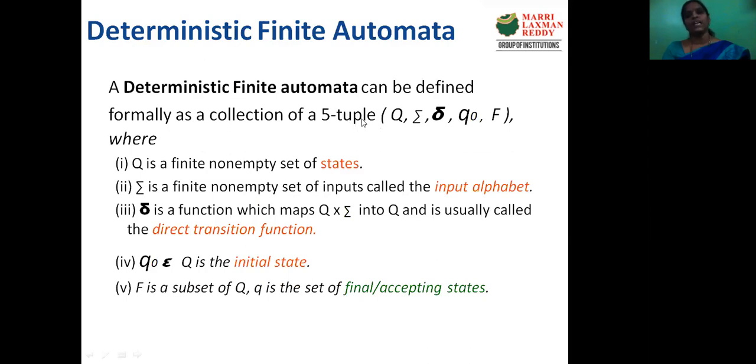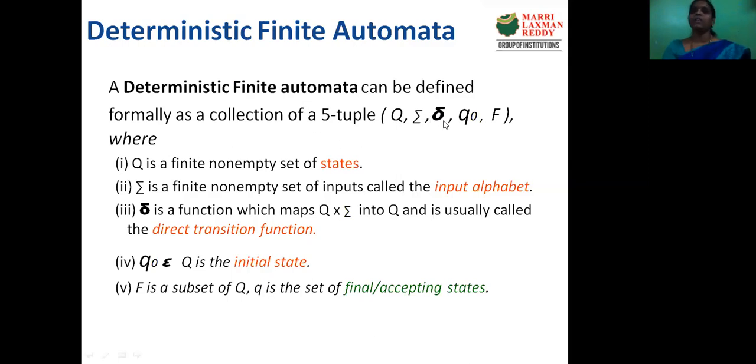So this is also a five-tuple, or it can be labeled as a quintuple, represented with Q, sigma, delta, Q naught, F, where Q represents the finite non-empty set of states, sigma represents the finite non-empty set of input symbols, which is known as the input alphabet, and delta represents the transition function. This is responsible for generating the movement from the current state to the next state on an input symbol.